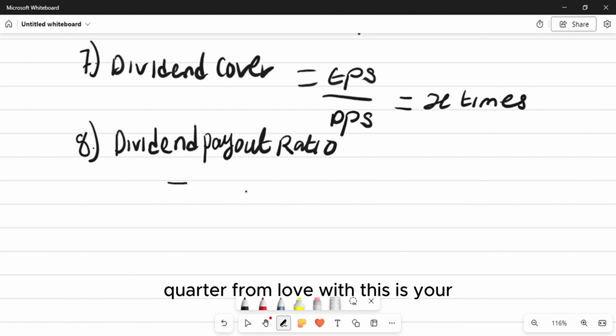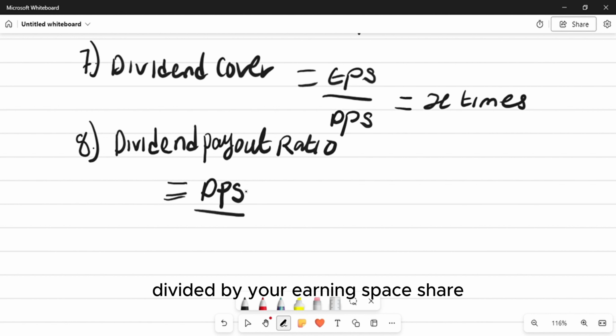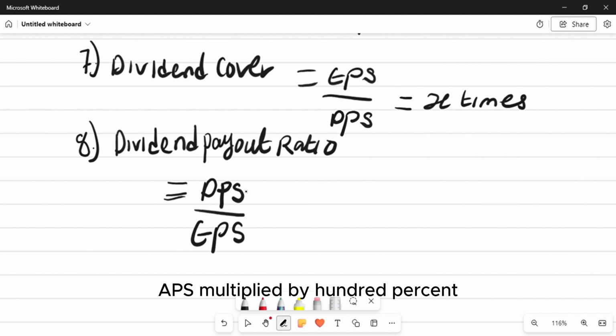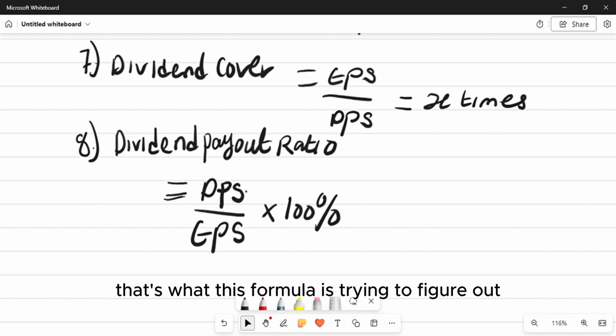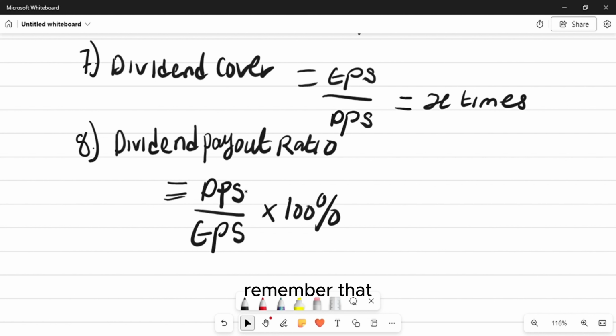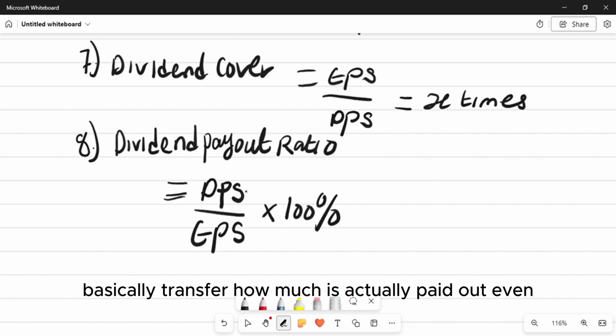The formula is your DPS, that's your dividend per share, divided by your earnings per share, EPS, multiplied by 100%. Remember that the shareholder earns a particular amount, and from this amount some is paid out as dividend and the remaining is retained. So this formula is trying to find out how much is actually paid out as dividend.